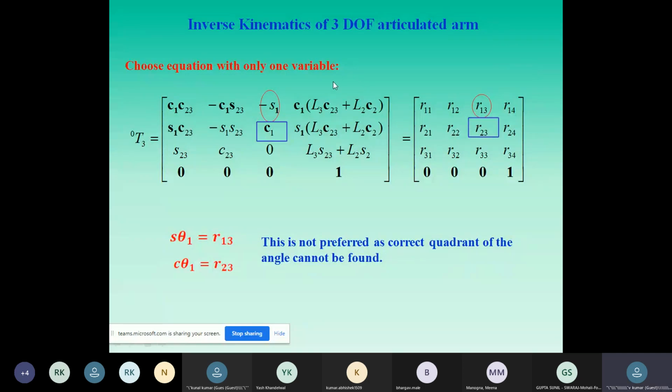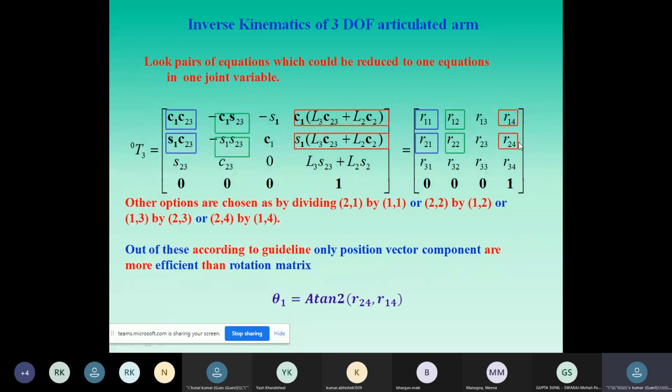So we prefer the translation coordinates, the x, y, and z position, and use equations which can give one variable.